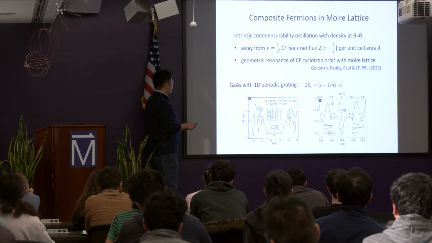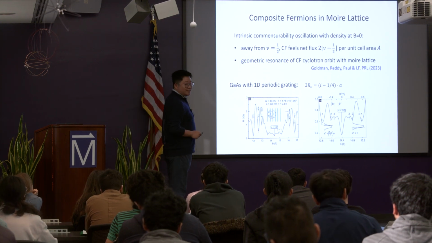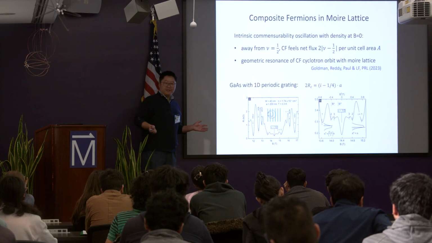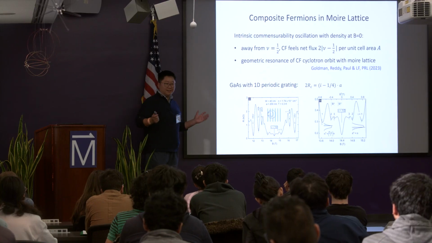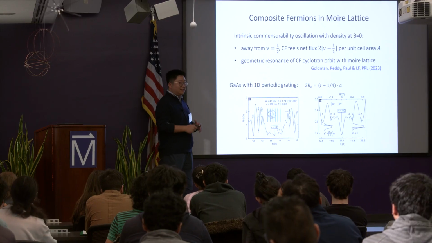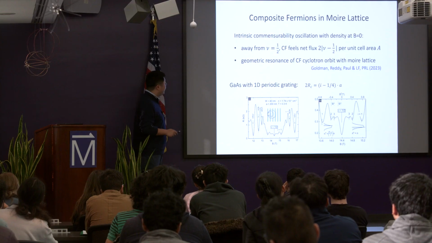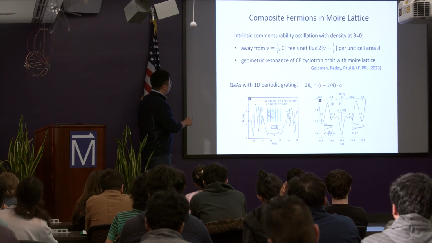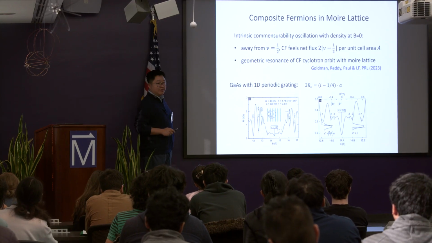Okay. Now, for us, we don't need any external periodic structure. The system itself is a Moiré material. It has an underlying Moiré potential, right? So this led us to propose that there should be an intrinsic commensurability oscillation.